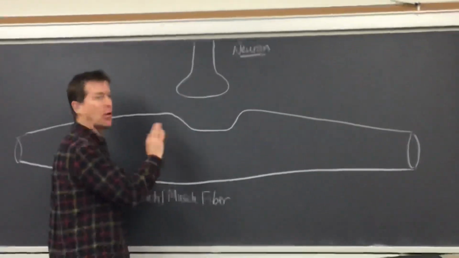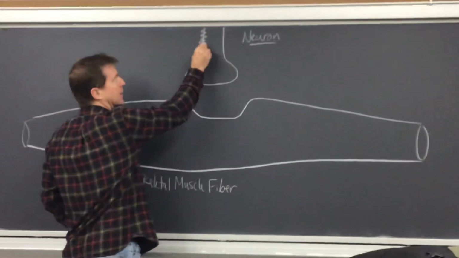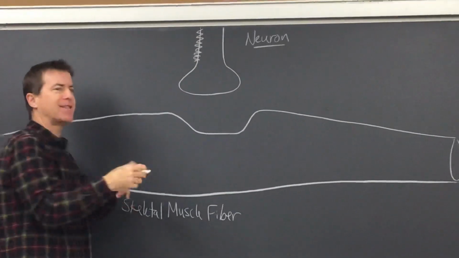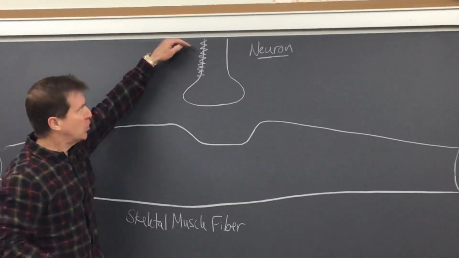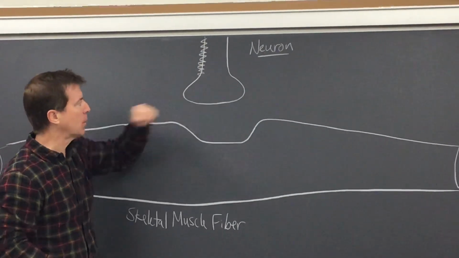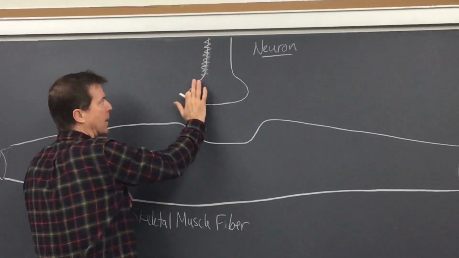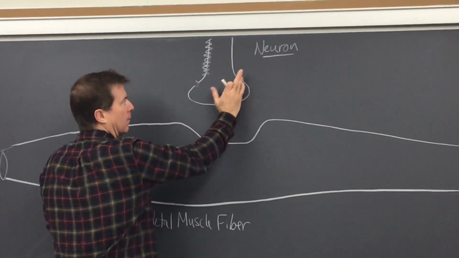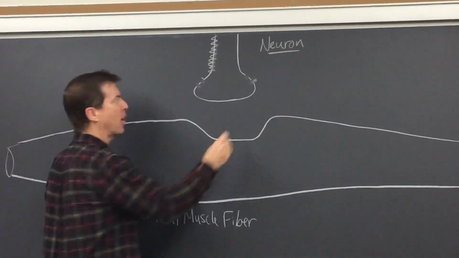First, the nerve cell, the neuron, will send an electrical stimulus called an action potential down its axolemma, or down the membrane of the axon. So I'm going to draw an electrical stimulus. This little jagged line represents electricity coming down the neuron. When it gets to the end of this neuron, called the axon terminal, this electricity along the membrane causes pores or channels to open up on the membrane.